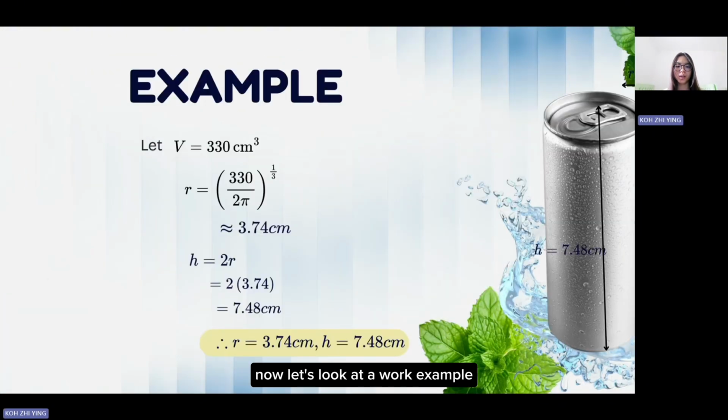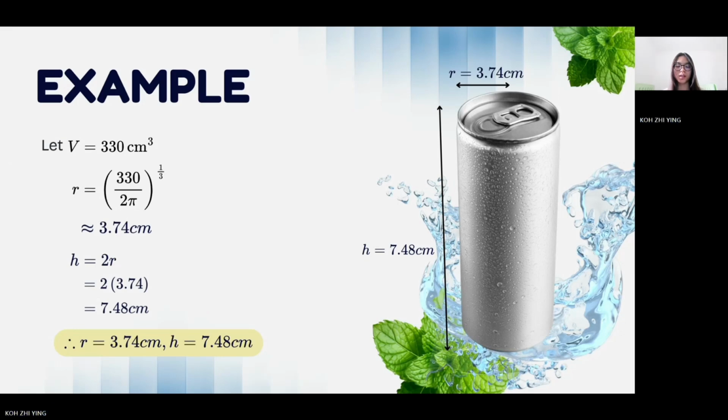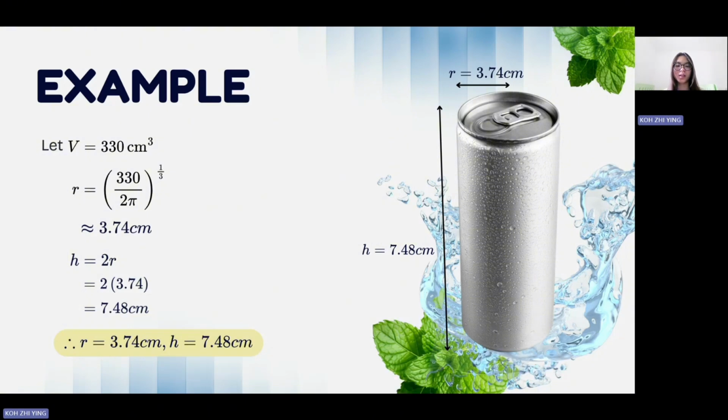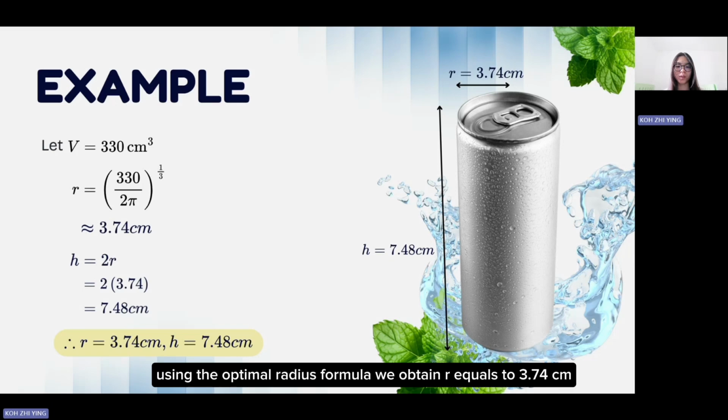Now, let's look at a worked example. Assume the beverage can has a fixed volume of V equals 330 cm³. Using the optimal radius formula, we obtain r equals 3.74 cm. Since h equals 2r, the optimal height is 7.48 cm.